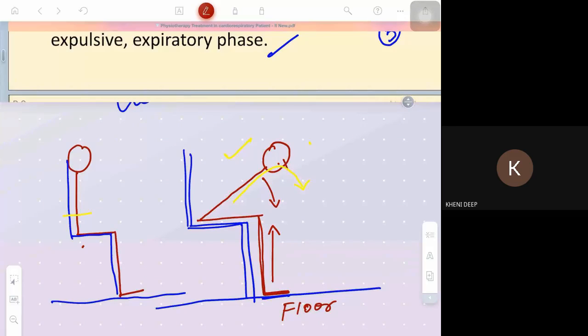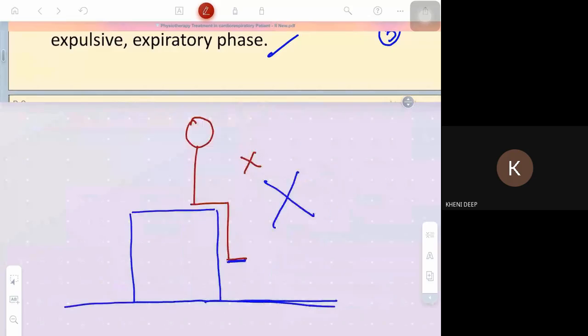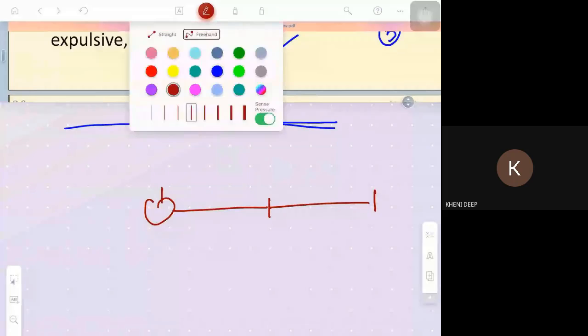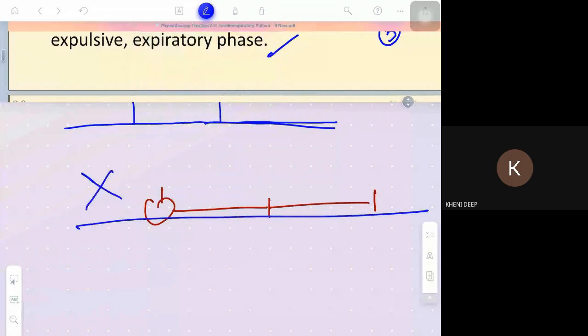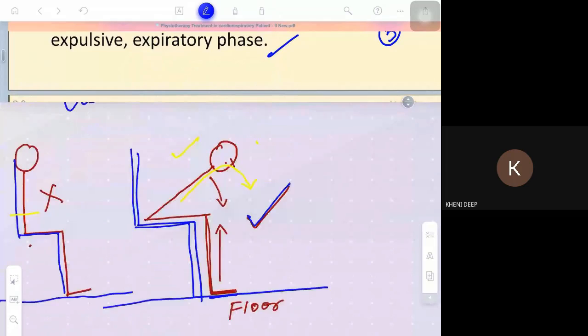So this is the proper technique. The other is not proper technique, high sitting is also not proper, and lying is also not proper for coughing. So this is the proper position for the cough technique.